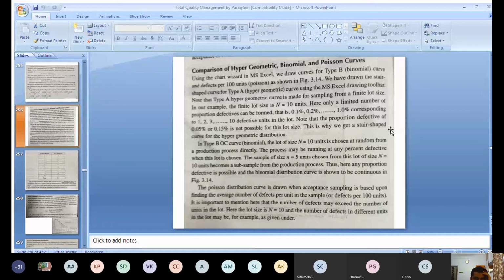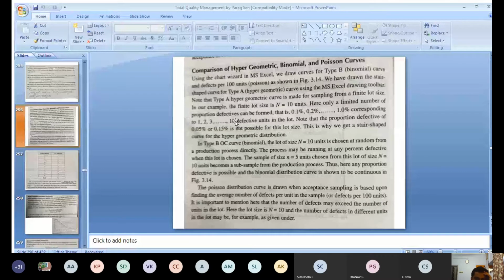In this case, we are drawing the sample from a finite lot size, from a store or from a warehouse. We are not taking the lot from a continuing production process. Here our finite lot size is capital N equal to 10 units, and only a limited number of proportion defectives can be found: 0.1, 0.2, or 1, corresponding to 1, 2, 3, and 10 defective items in the lot.